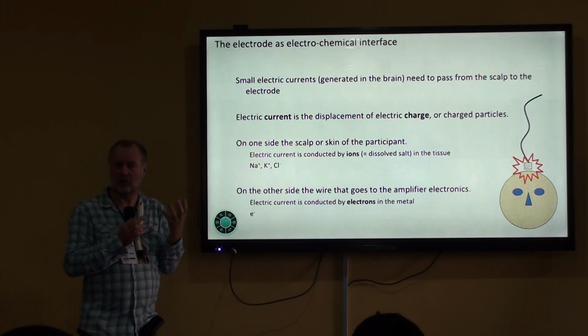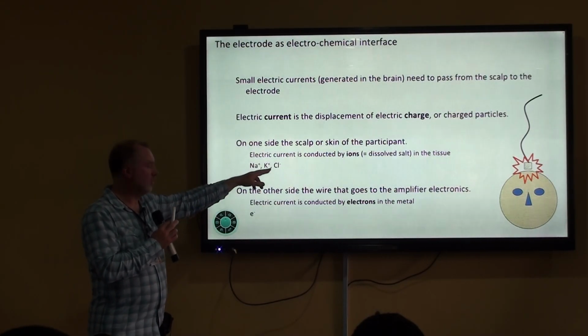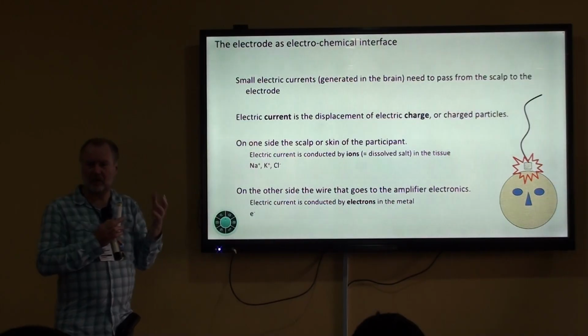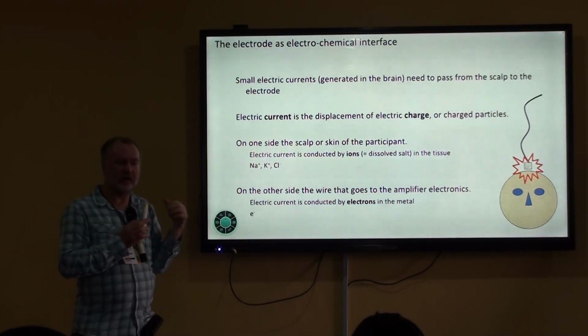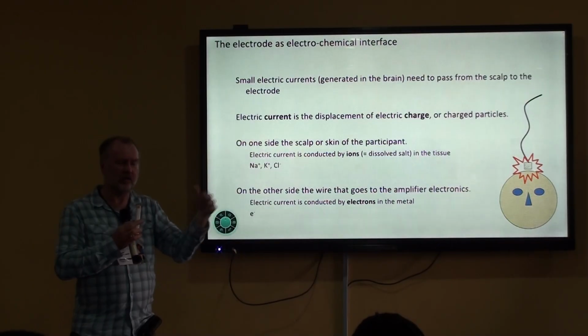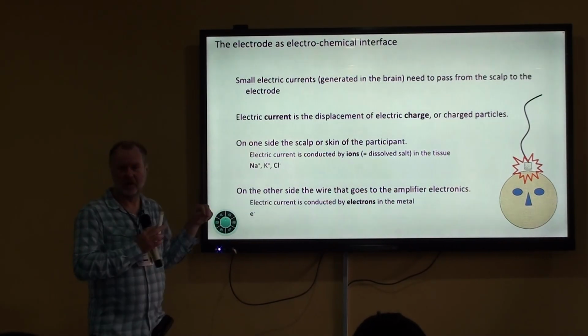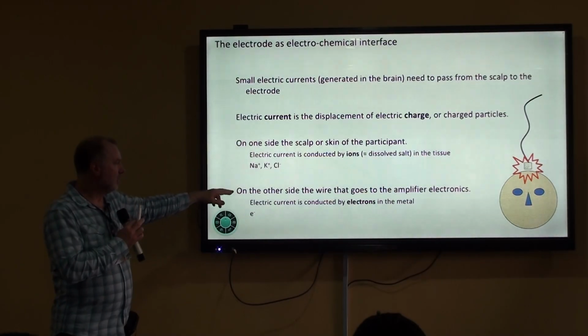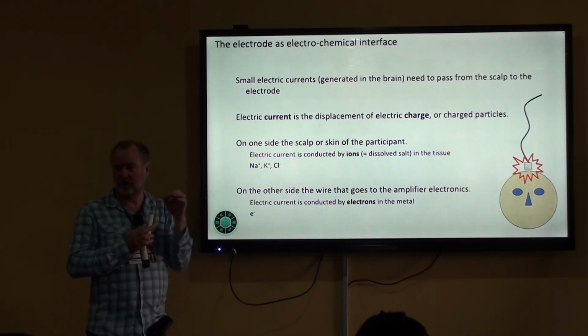So basically just dissolved salt. So we have sodium, potassium, chloride, and if you have neuronal activity, it's these ions that are moving over the cell membrane, and it's these ions moving through the tissue. On the other side, we have a wire. And in the wire, the charge is conducted by electrons moving.